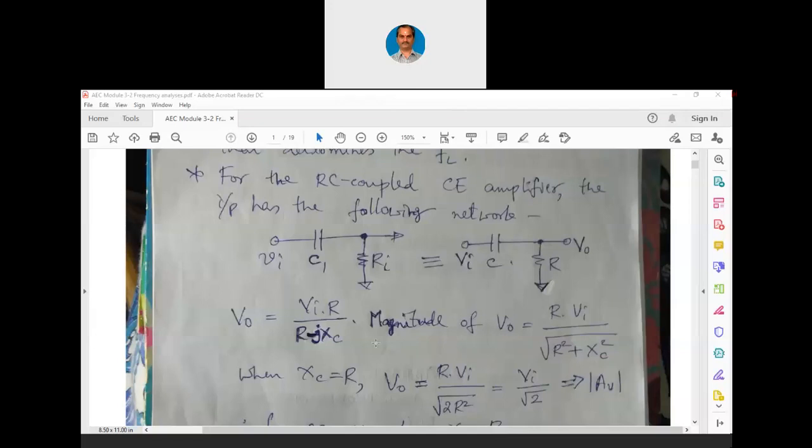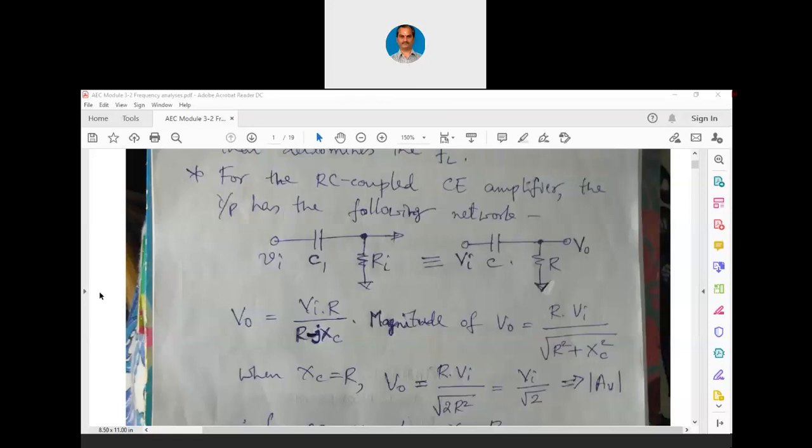V naught equals Vi into R by R minus J XC. So now using this expression, we can write the expression for the magnitude of V naught, that is R into Vi divided by square root of R square plus XC square. These magnitude and phase calculations also you are already familiar with.